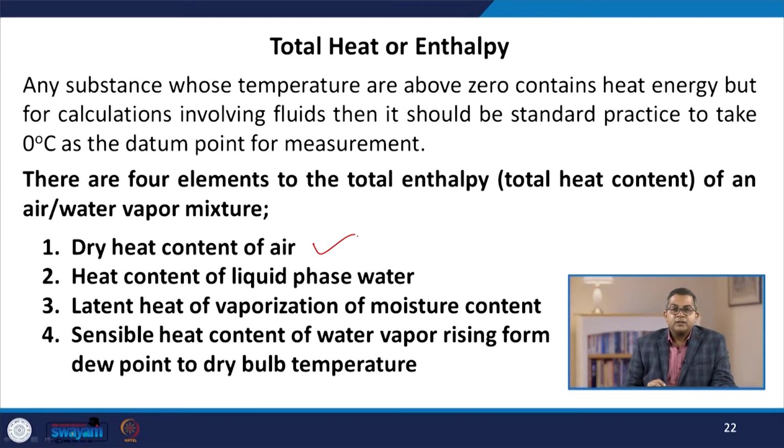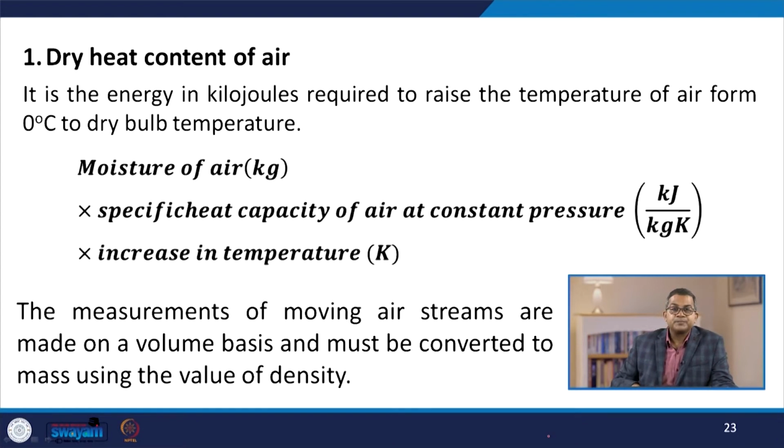There are 4 elements to the total enthalpy, or total heat content, of an air-water vapor mixture. One is the dry heat content of the air. Second is the heat content of liquid phase water. Third is the latent heat of vaporization of the moisture content. And fourth is the sensible heat content of water vapor rising from dew point to dry bulb temperature.